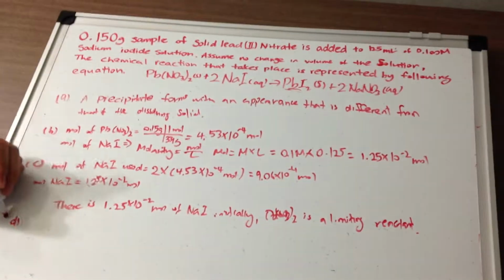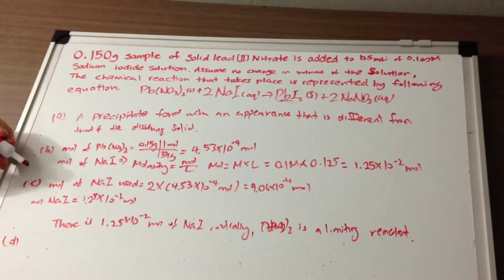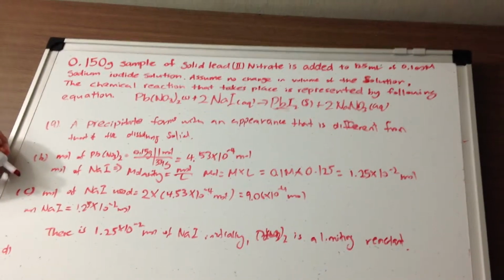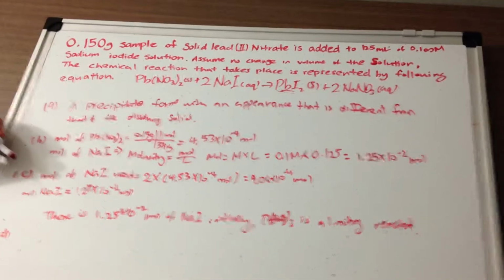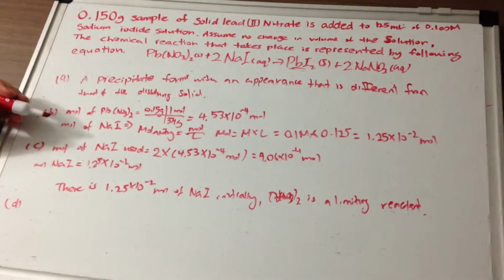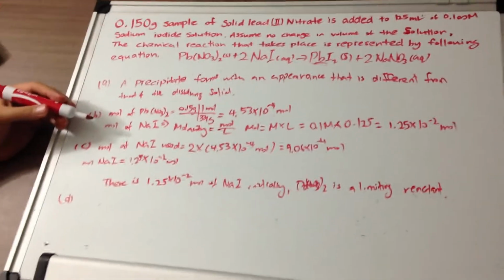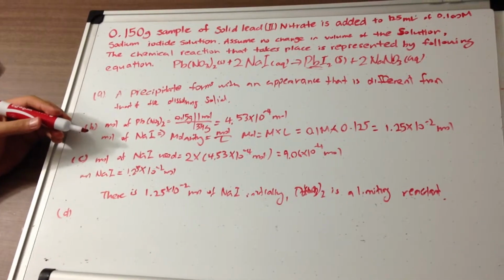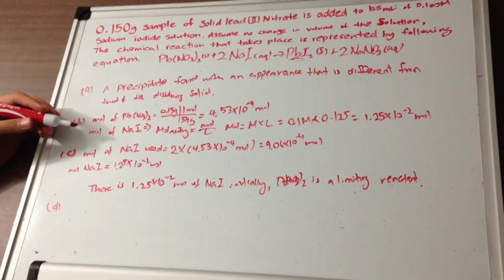Moving on to D, it says calculate the molar concentration of NO3 minus aqueous in the mixture after the reaction is complete. So in order to find out the concentration of NO3 minus in the mixture after the reaction, you have to use stoichiometry.